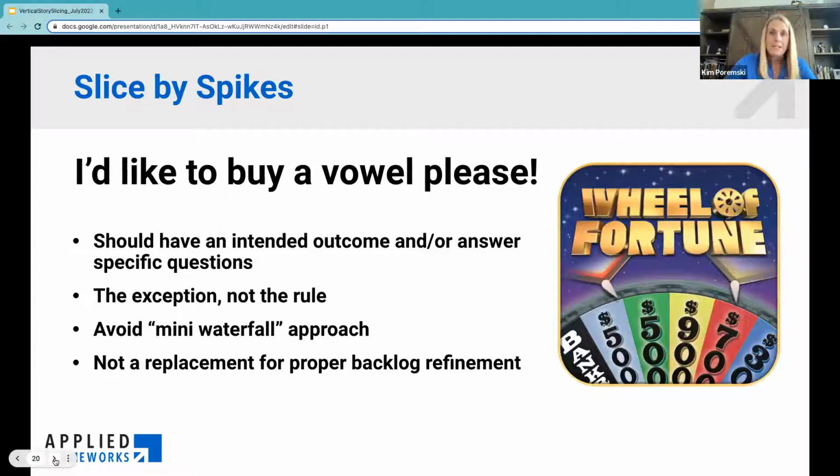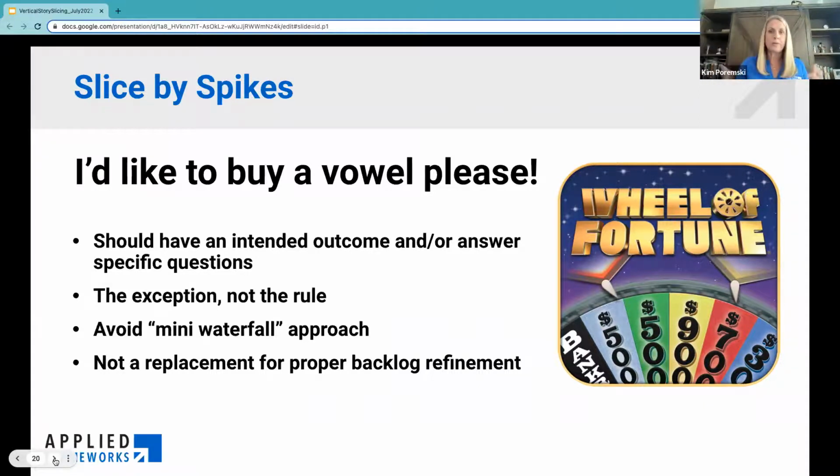And then lastly, you can slice by spikes. Now, I'm always hesitant to talk about spikes because I feel like they're dangerous. In my experience, teams don't necessarily use spikes in the right way. A spike is something that you would employ when you're really not ready to actually build out the functionality fully yet because you don't feel like you have all of the answers. You don't feel like you know which path to take.